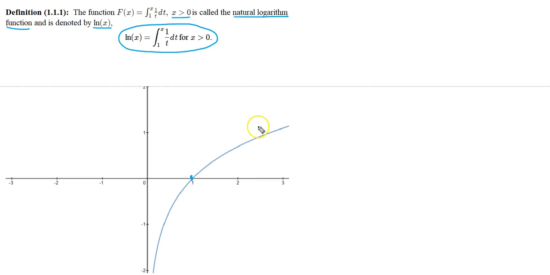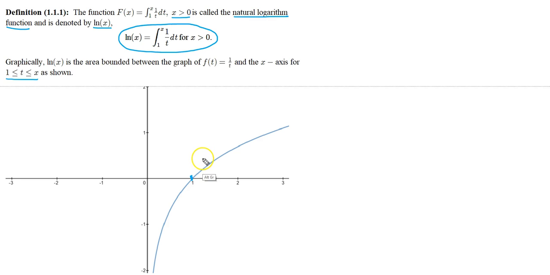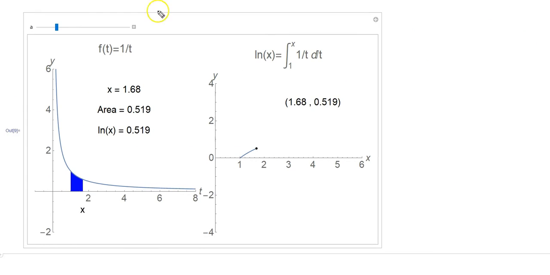Now let's take a look at graphically how we obtain this curve for the ln of x to get a little better understanding of what it really is. So consider this graphic. In this window on the left, we have the graph of f of t equals 1 over t.